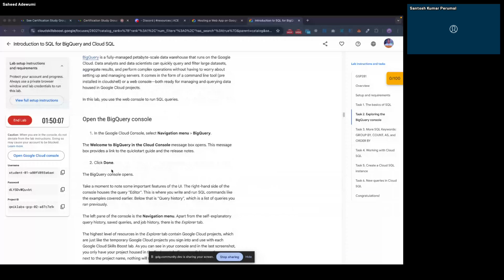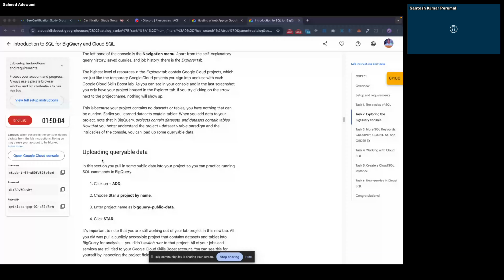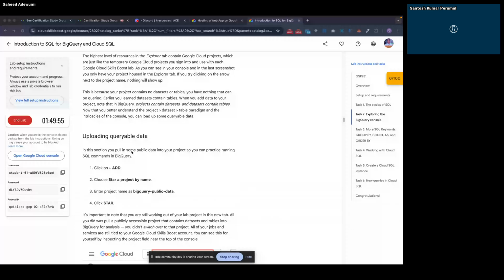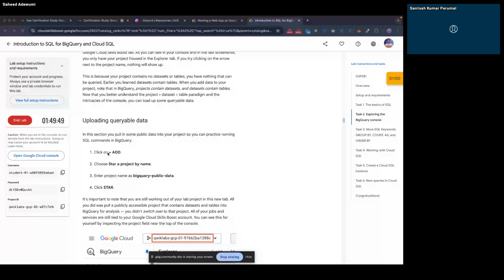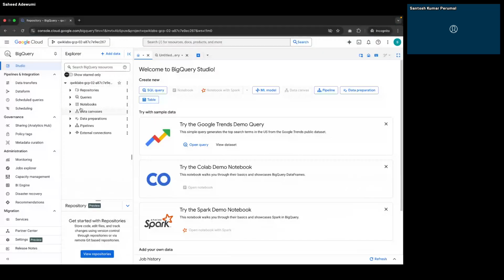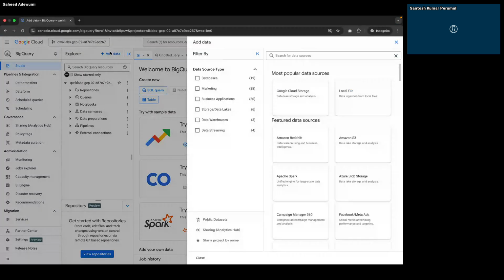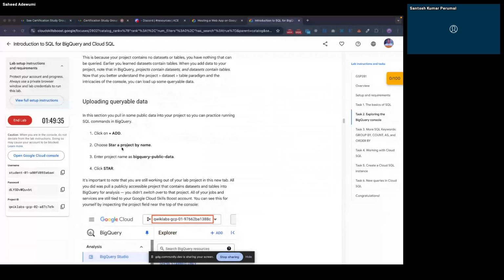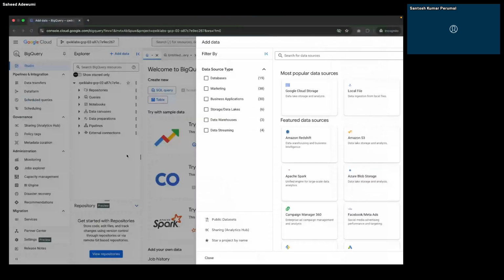So we are given a task here: to explore, in this section, you pull public data into your project so you can practice and run queries. They asked me to click on the add button, so we have add data. We are trying to add data to our project. Choose a star project by name, BigQuery.